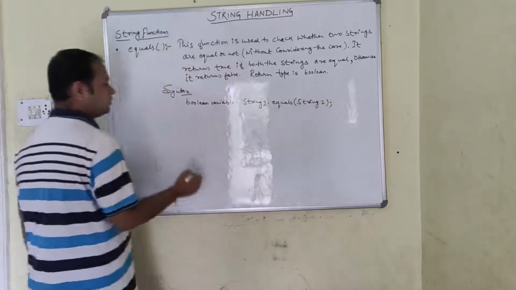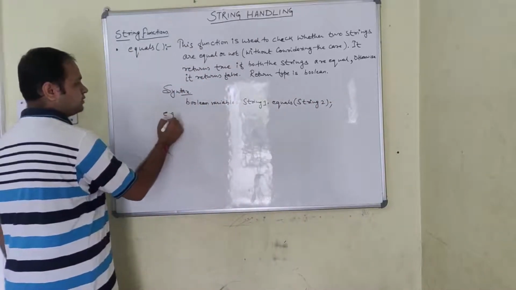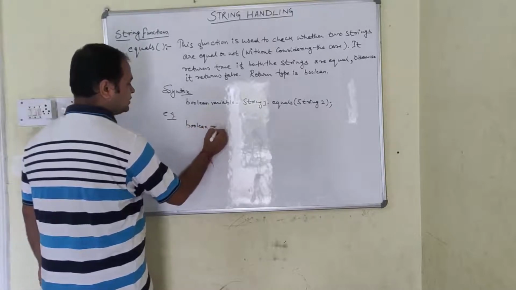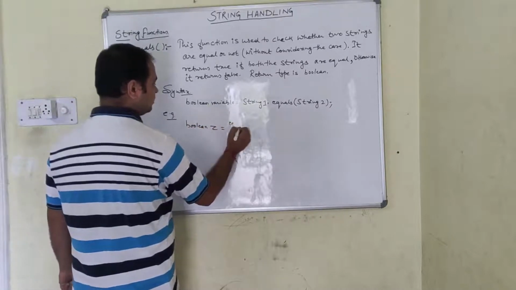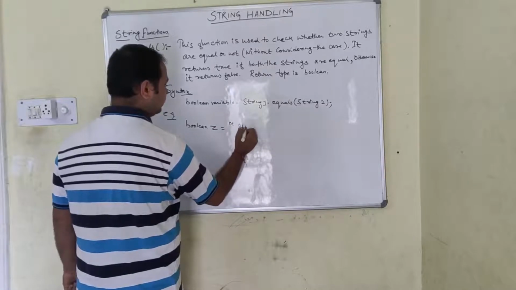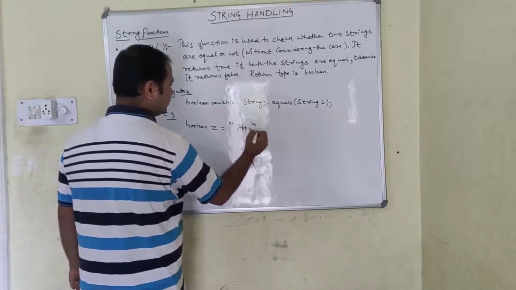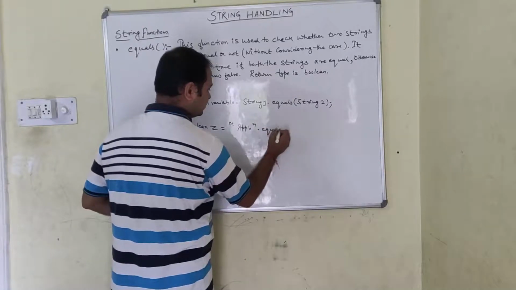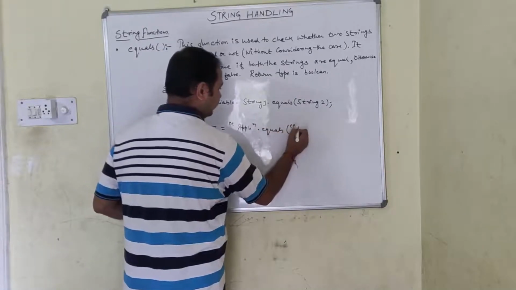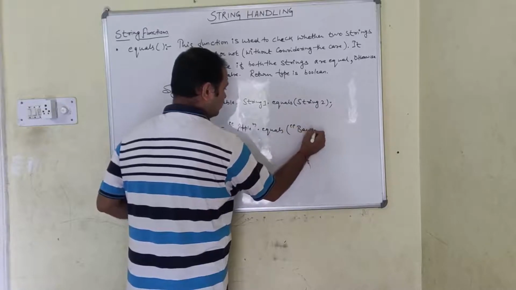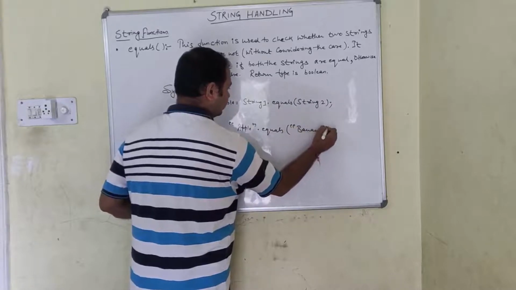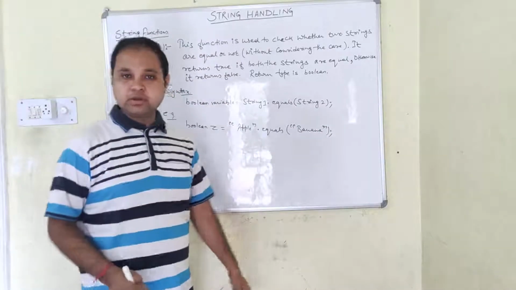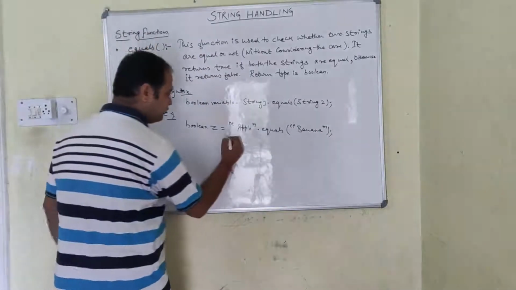Okay, for example, suppose I take Boolean z equals to the first string is apple.equals(banana). Now you can see here that apple and banana are both different words. So it will give you false.